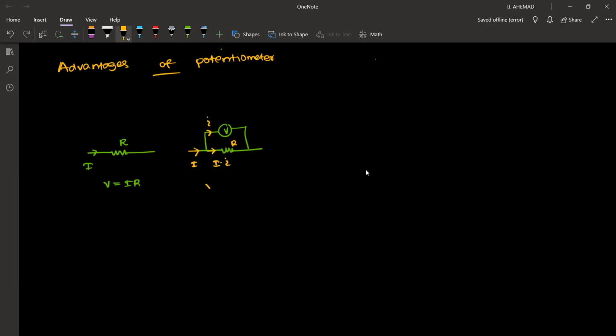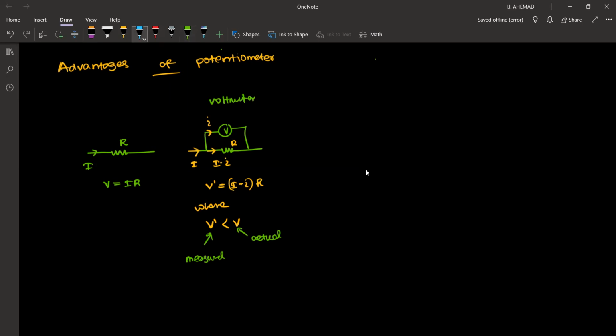So what we actually measure is V dash, which is equal to (I minus i) R, where V dash is less than V. So this is the measured and this is the actual. So measured is less than the actual for a voltmeter.